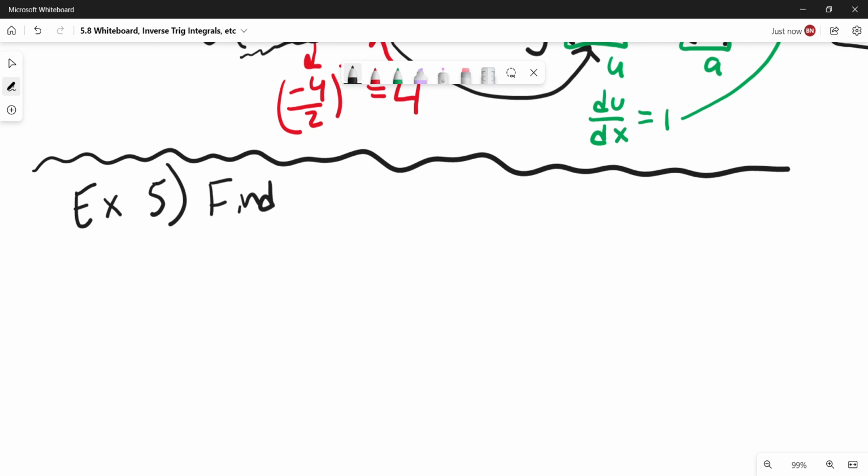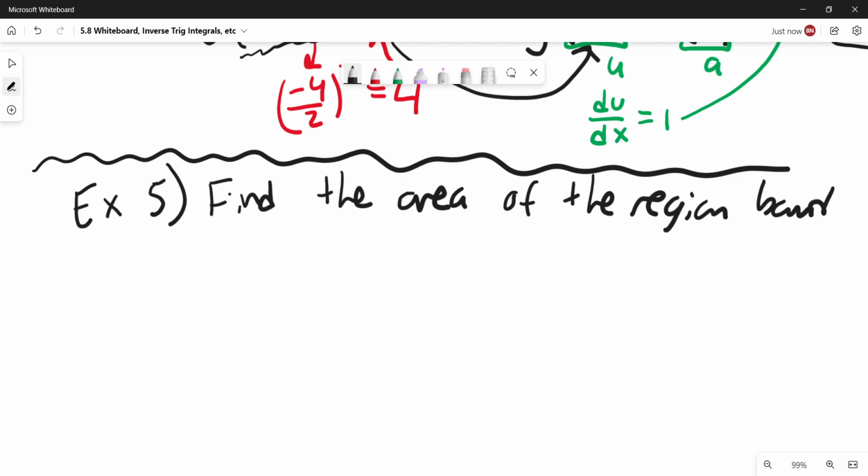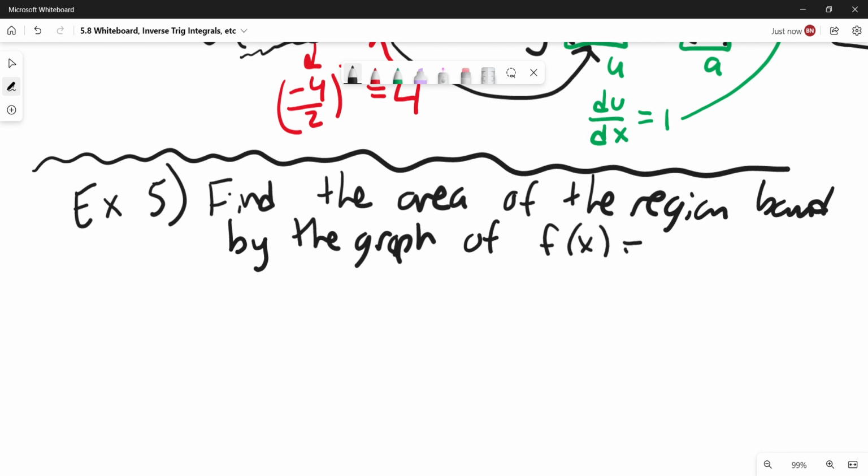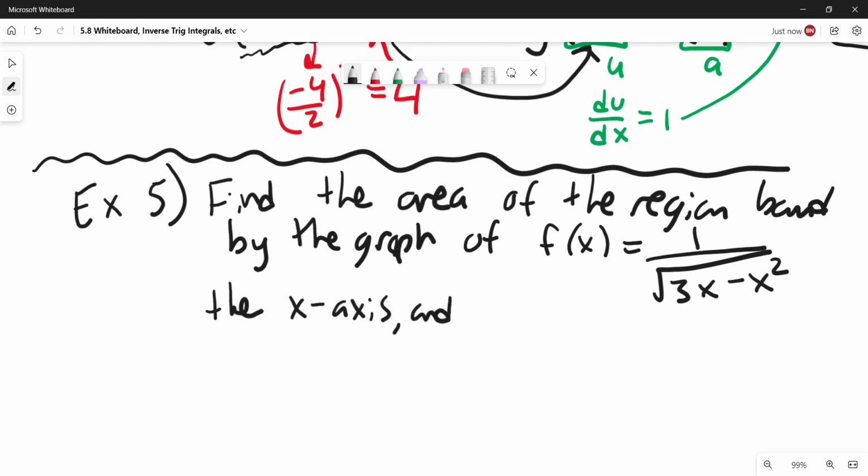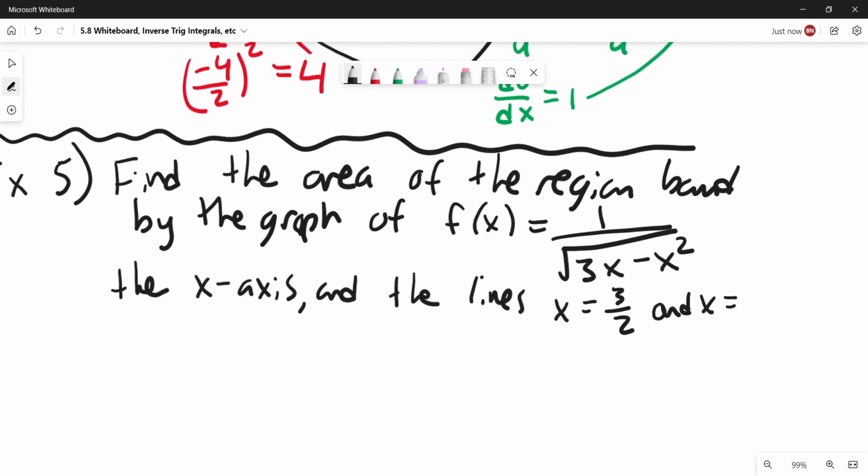Find, again, they're just asking this in a different way. Find, to remind you of the big picture here, the area of the region bound by the graph of f of x equals 1 over root 3x minus x squared, the x-axis and the lines x equals, this is kind of strange, x equals 3/2 and x equals 9/4.